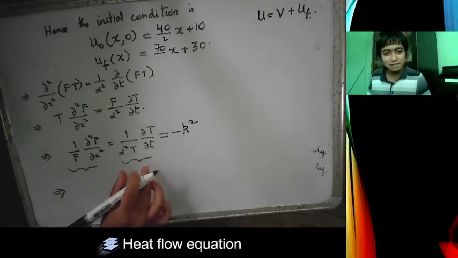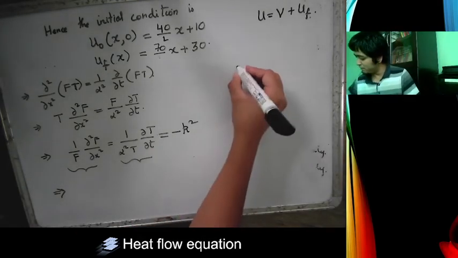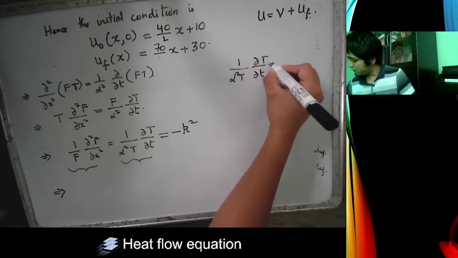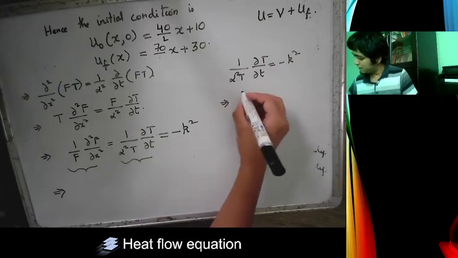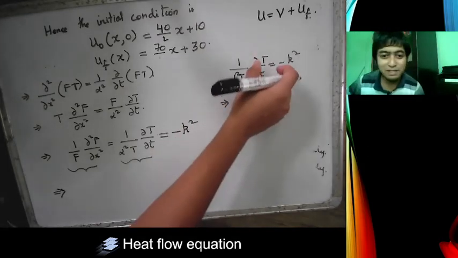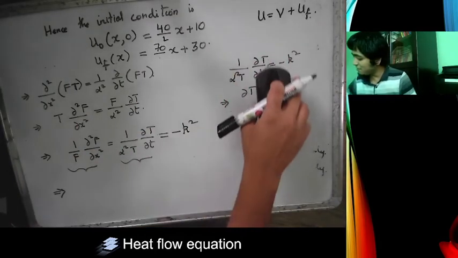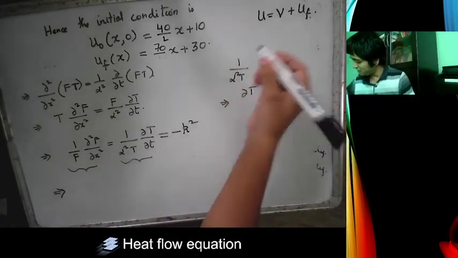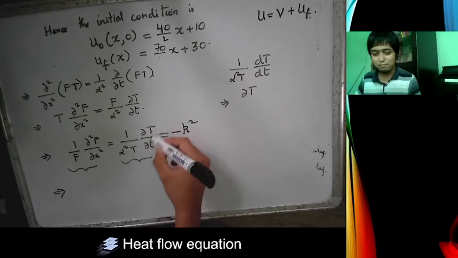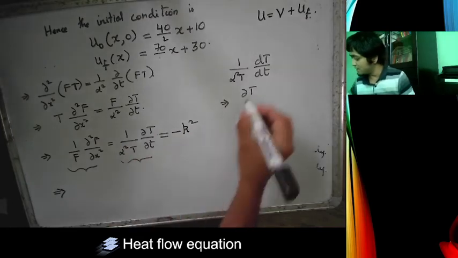Let us first solve the time part equal to minus k squared. What will we get? Since everything now depends on t only, we can easily replace del by d, just to make it clear that it has behaved as a total derivative, because we no longer have other variables in this part of the equation.